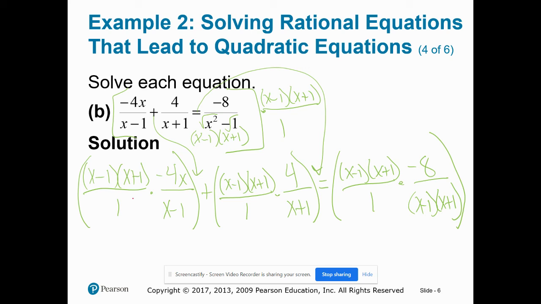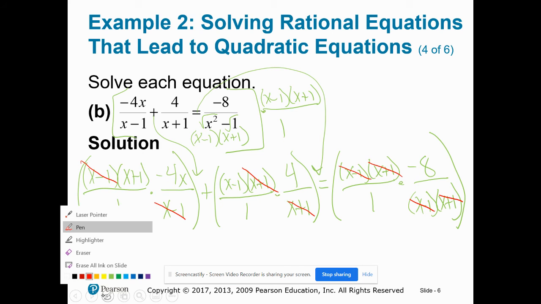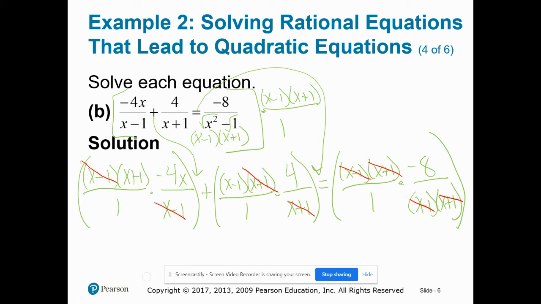Let's see, cross-reducing. We can cross-reduce x minus 1 here, x plus 1 here, and everything top to bottom over there cross-reduces, leaving us with the -8. So to write what we have, -4x times x is negative 4x squared.